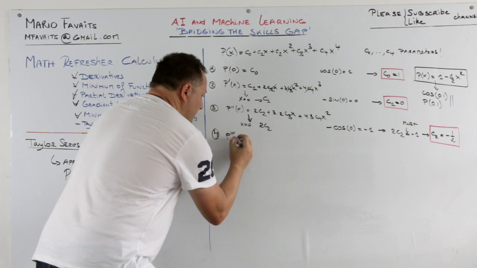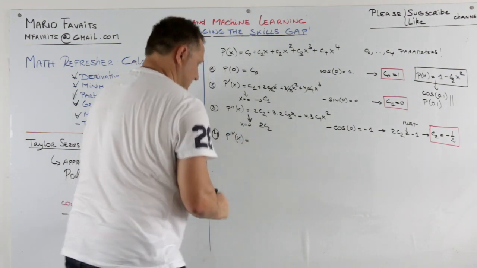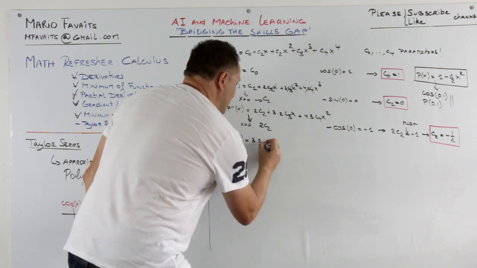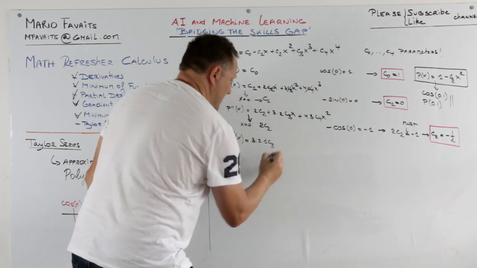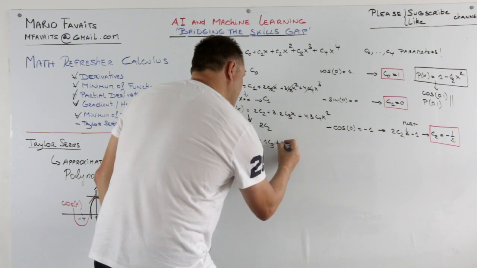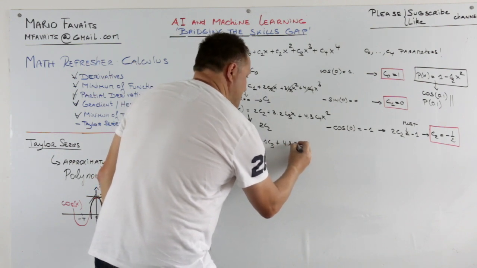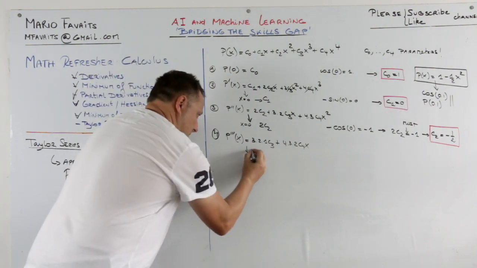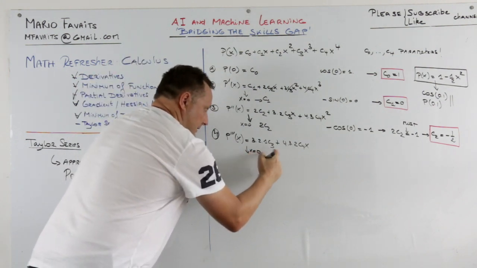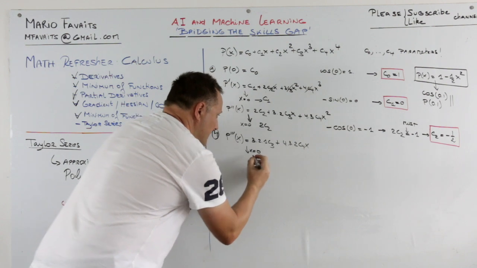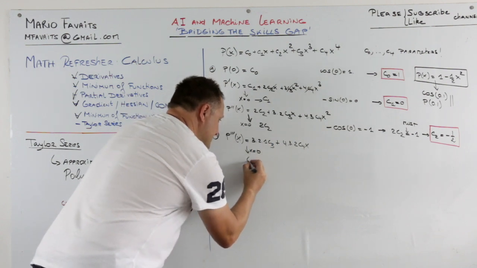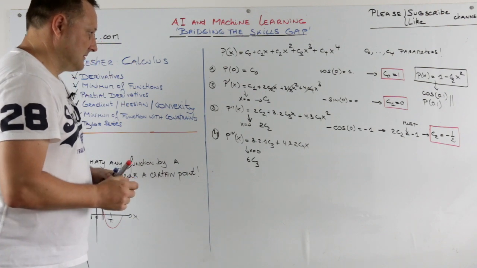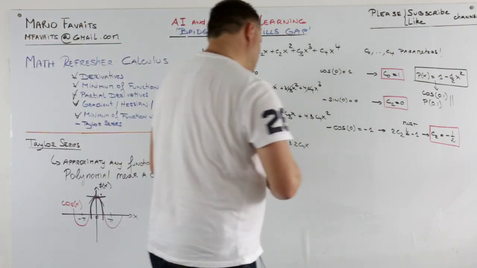Let's now take the third order derivative. So this disappears, and here we have 3 times 2 times 1 C3 plus 4 times 3 times 2 C4 x. When x is 0, this becomes 6C3. 3 times 2 is 6C3.